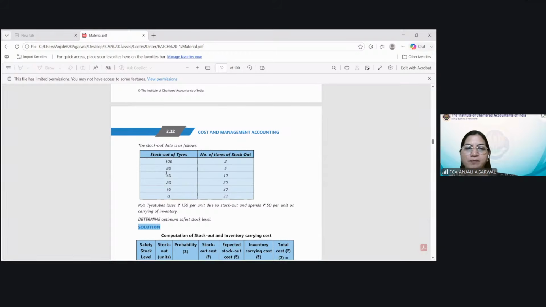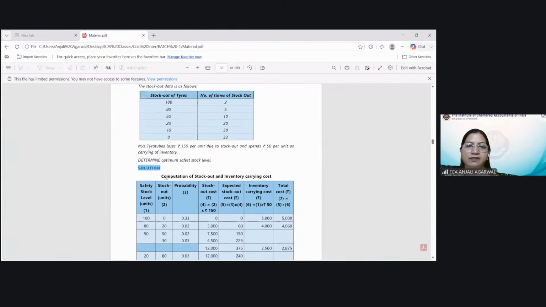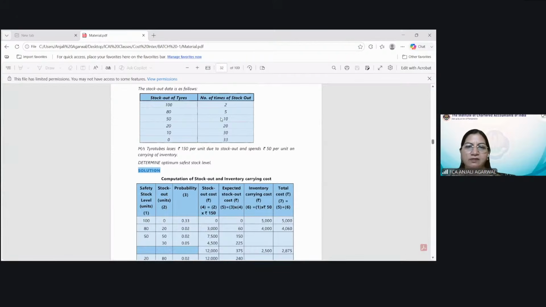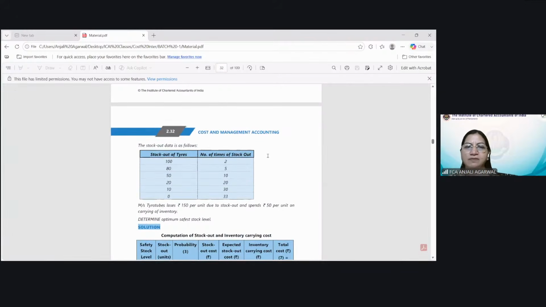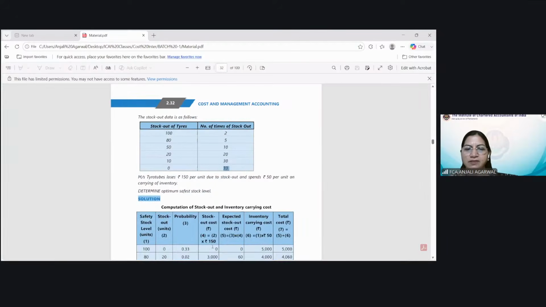So if you prepare yourself to be stock out of tires by 180, you're taking 7% risk. So let's keep a safety stock of 100. It means 0 times stock out, with a probability of 0.33 that must be given here. Stock out of tires 0, that's 33% probability.